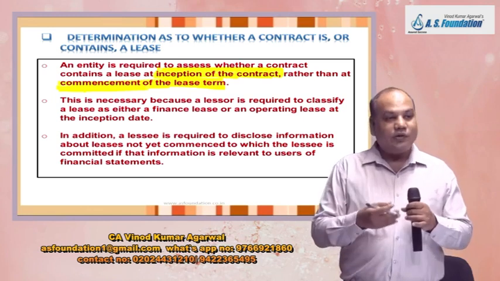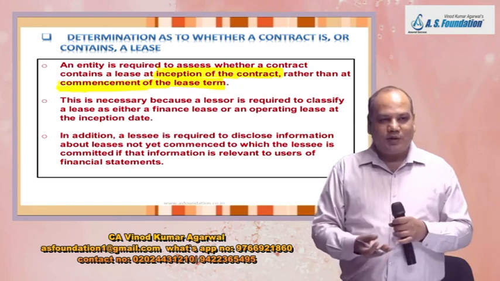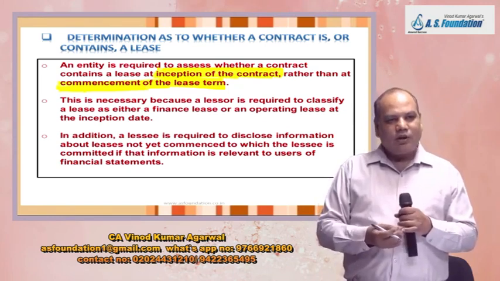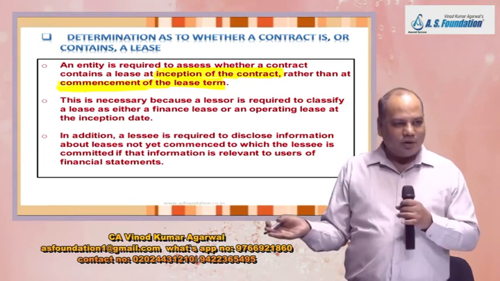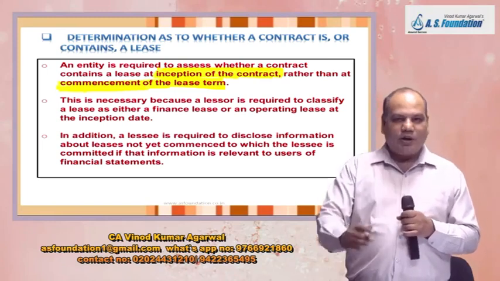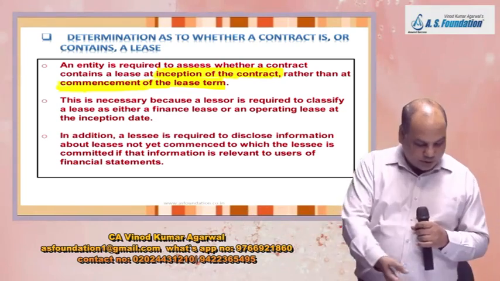Normally no. But if you have to make some payment between inception and commencement date, that also you capitalize as an asset and liability. Whatever amount is paid will be added to asset and liability on the commencement date. That will come in the next paragraph somewhere.